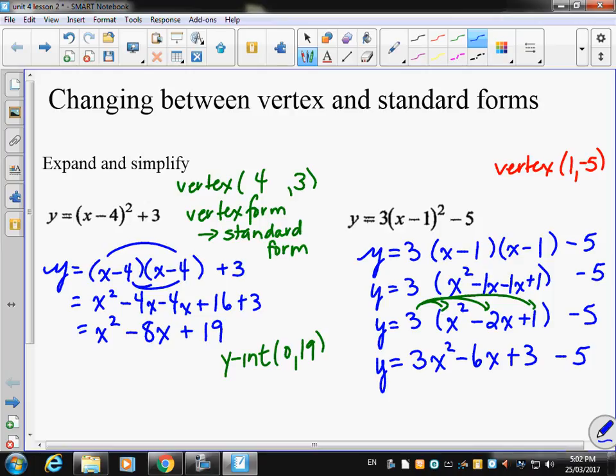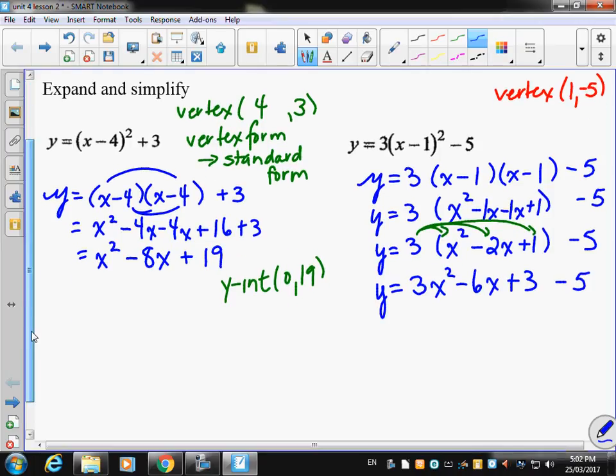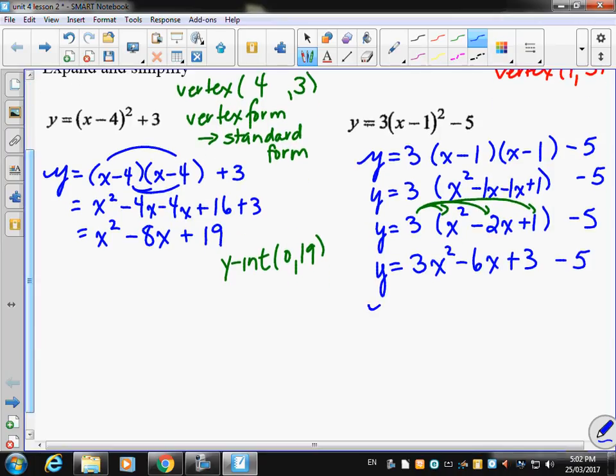Almost done. The only thing that I can collect now is the two numbers on the end. I've got an x squared term, an x term, and two numbers that give me negative 2 in total. So standard form tells me that I have a y-intercept of negative 2. If we were to write it as a point, it would be 0, negative 2.